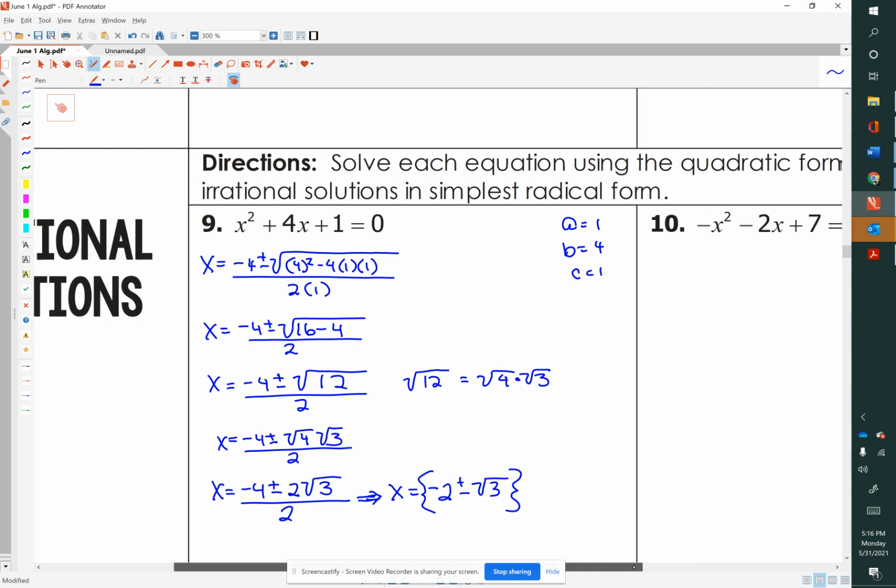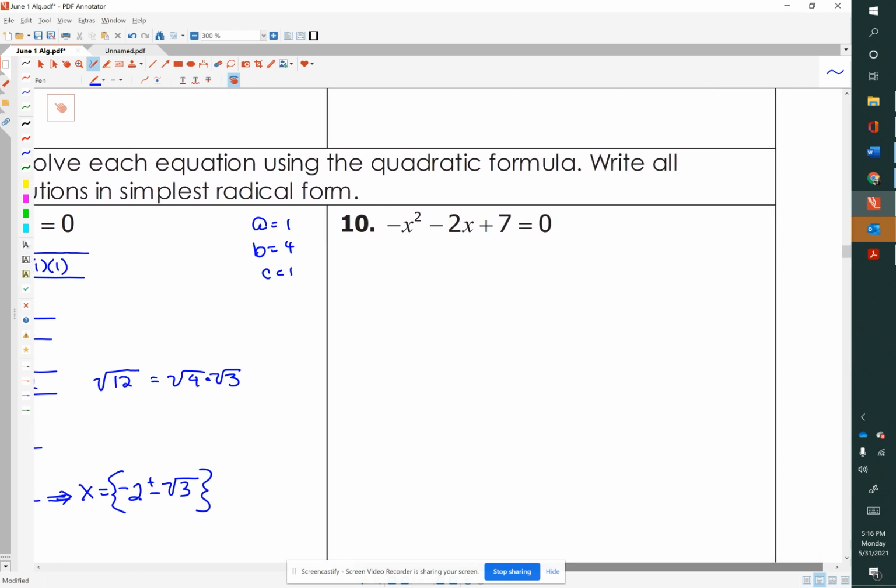Just like we've done other irrational quadratics. So number 10 is also written in standard form. A equals negative 1, B equals negative 2, and C equals 7. So let's make our substitutions. X equals 2 plus or minus.